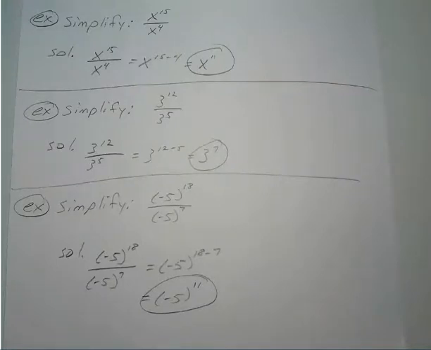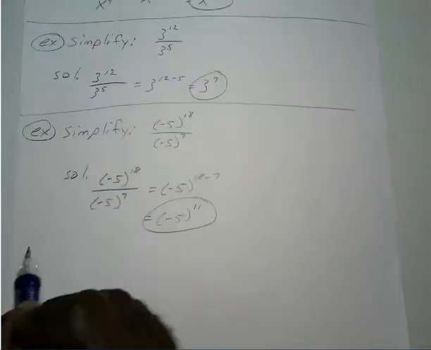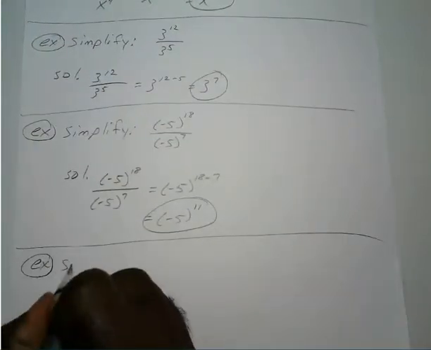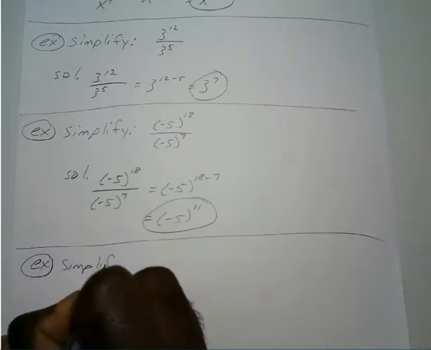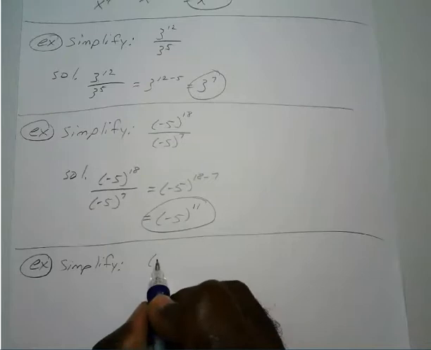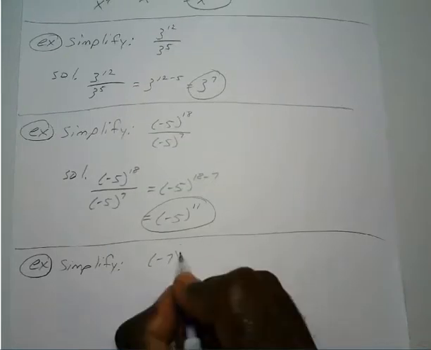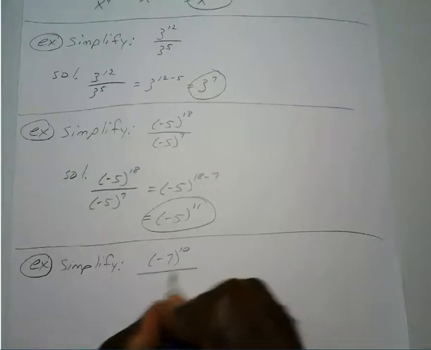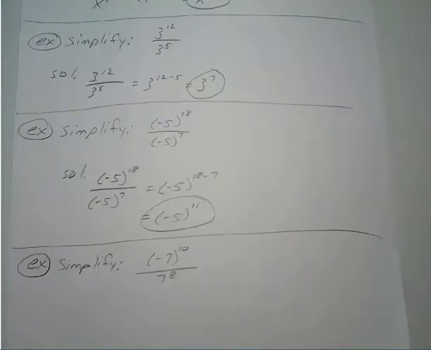Alright, now one more example here. What if we wanted to simplify, say, negative 7 to the 10th power over 7 to the 8th power?